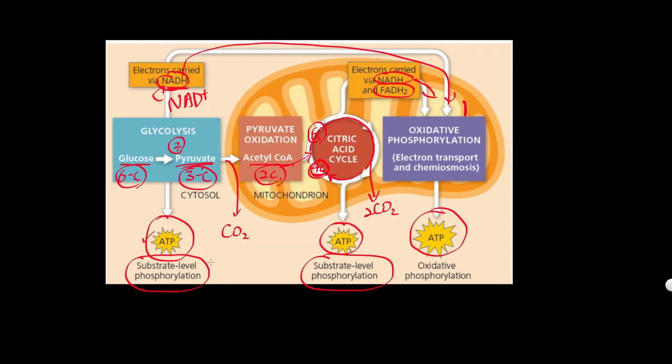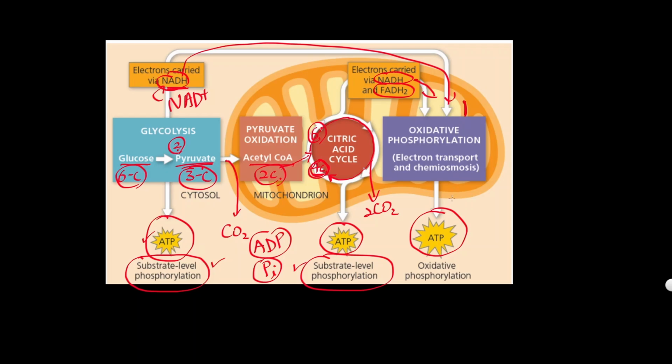So know that substrate level phosphorylation is when ADP and inorganic phosphate are the substrates of that enzyme. For easier memorization, whenever an enzyme works to make ATP, it's called substrate level phosphorylation.